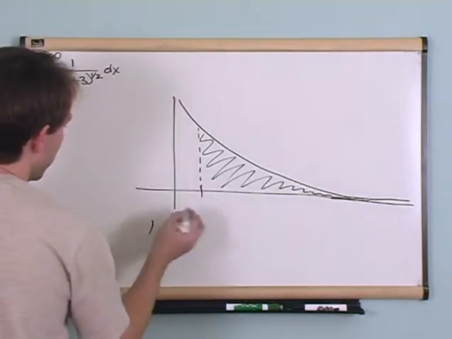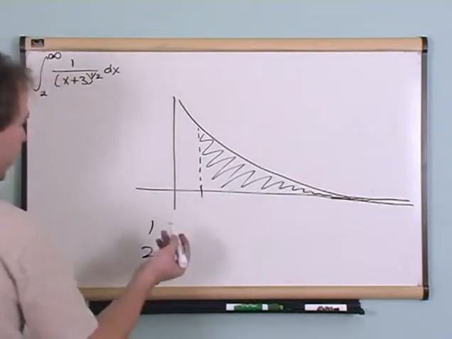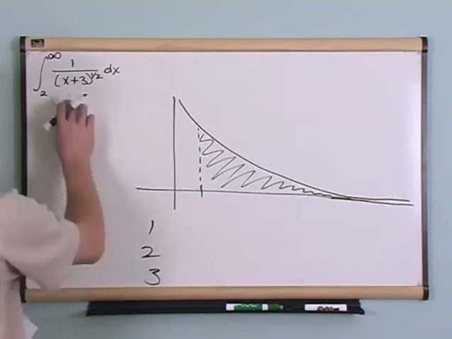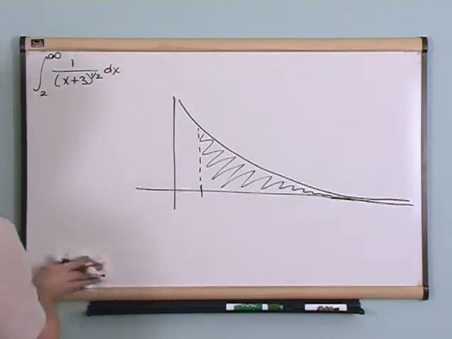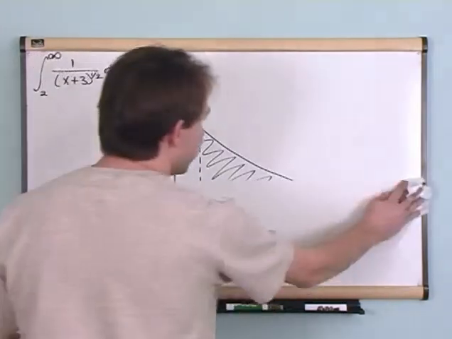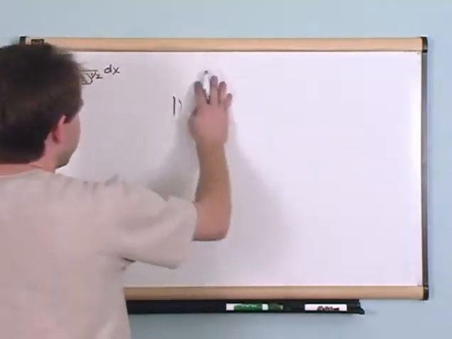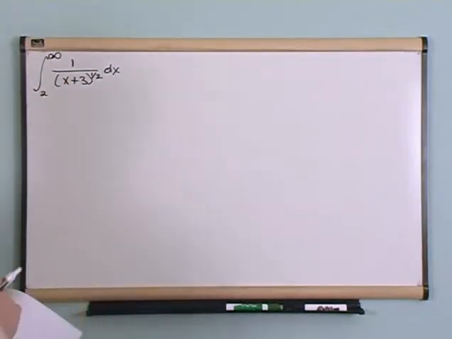The answer might be 1, or 2, or 3, or whatever. But in some cases, when you integrate to infinity like this, you can actually get a number instead of getting something nonsensical like infinity. And that's what this section of the class is going to illustrate.